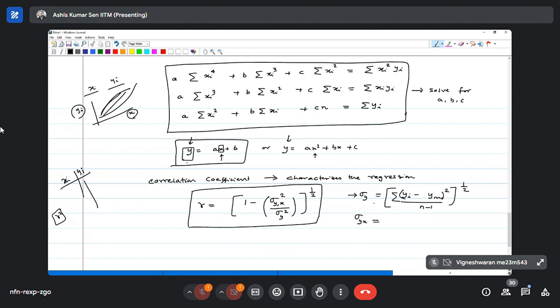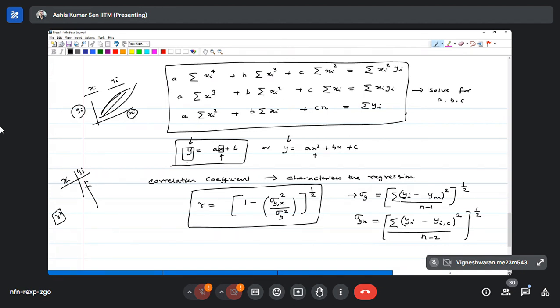So sigma yx will be yi minus yi found from the correlation, square of that, sum it, divided by n minus 2, to the power half.